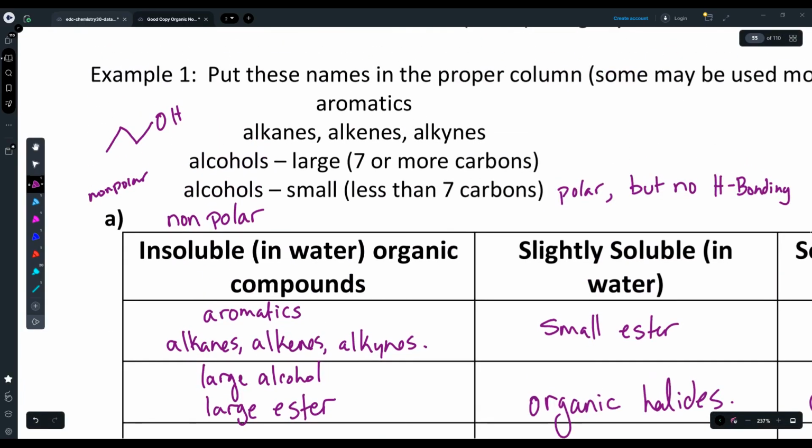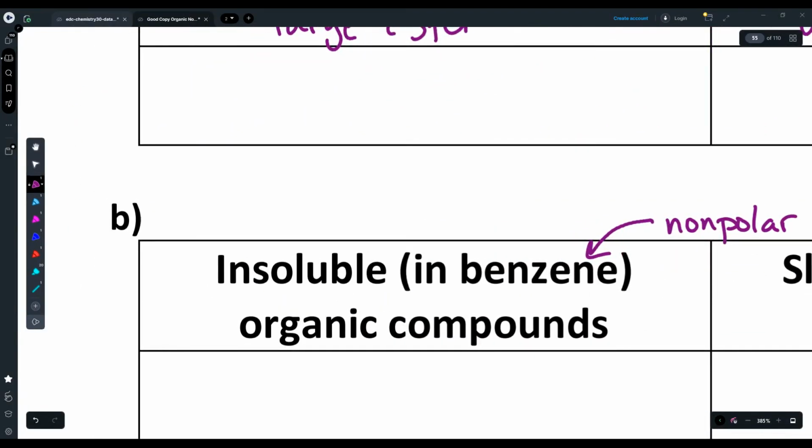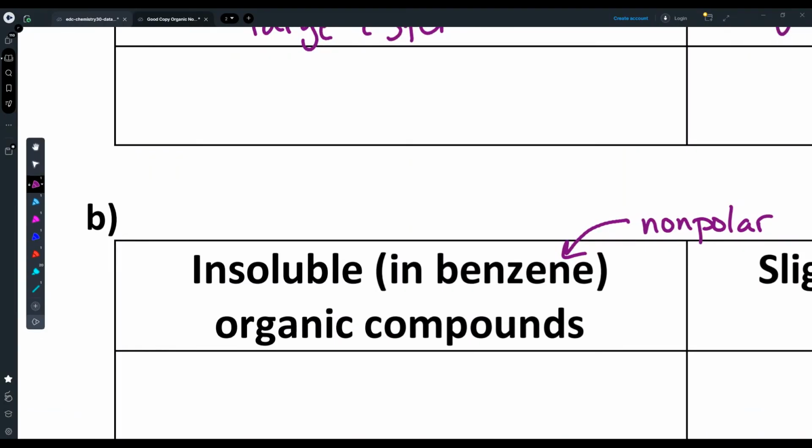In our first example, we had a polar solvent. Something that's insoluble in benzene, which is nonpolar, will be polar and have hydrogen bonding.